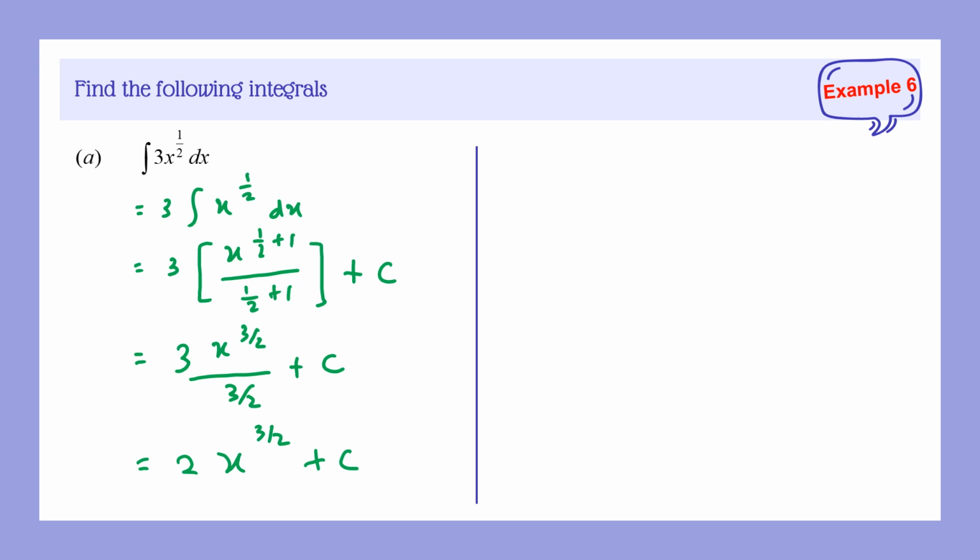Then next we continue with question B. We have integrate 4 over square root of x dx. So then we bring out 4 to the front, we get 4 integrate 1 over square root of x dx.